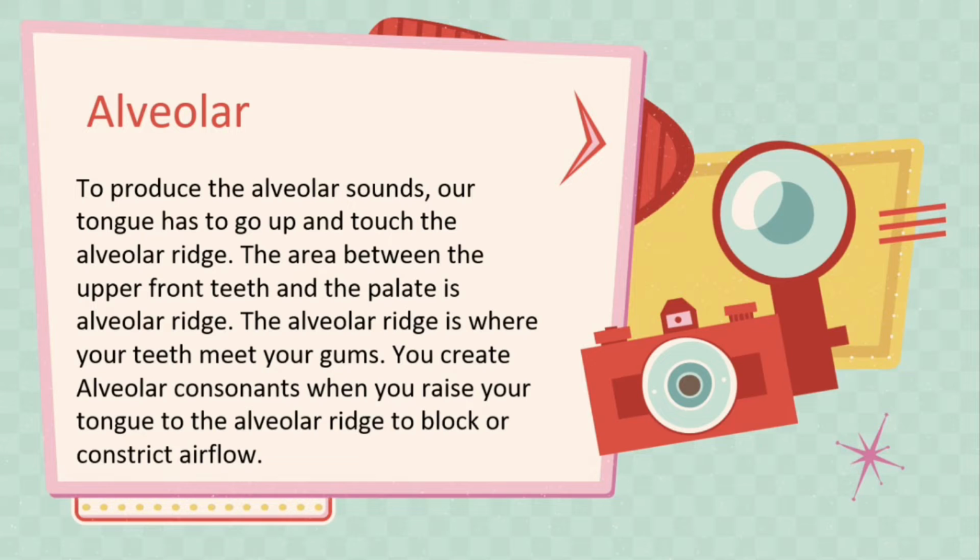The next point is alveolar. To produce the alveolar sounds, our tongue has to go up and touch the alveolar ridge. The area between the upper front teeth and the palate is the alveolar ridge.